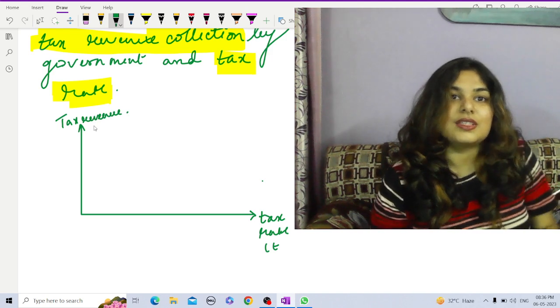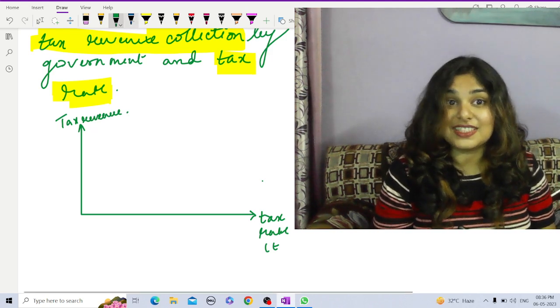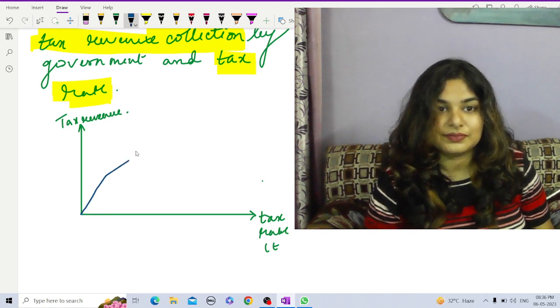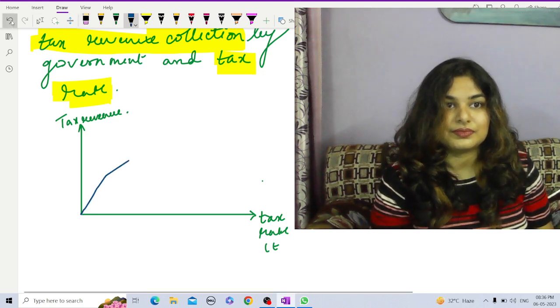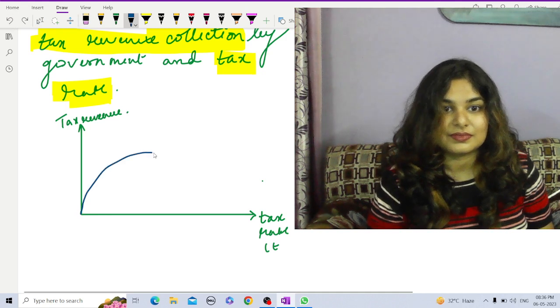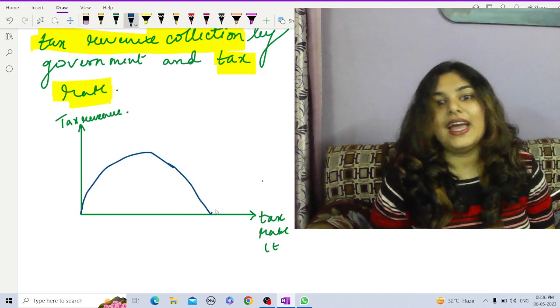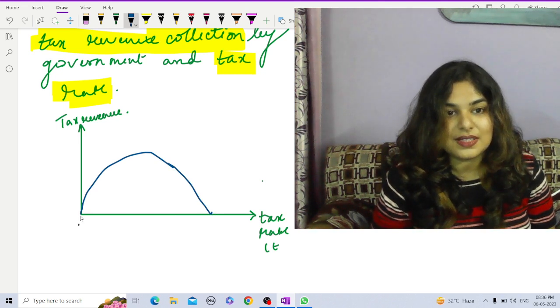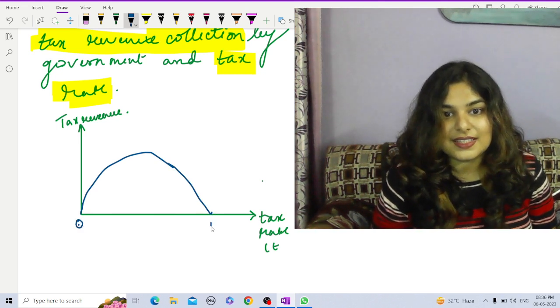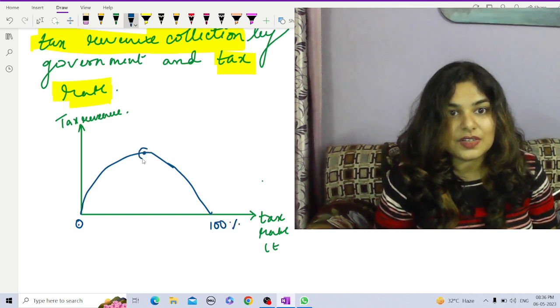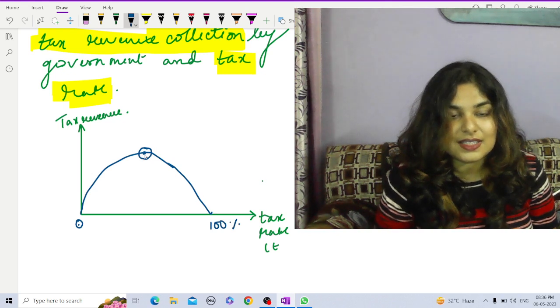Now the curve looks like this. Let us take a different color and show. So it starts from here and ends here, right? So this is the 0% tax rate, and here it is the 100% tax rate. At the point of maximum collection of tax revenue, we say that this is the critical rate of tax.